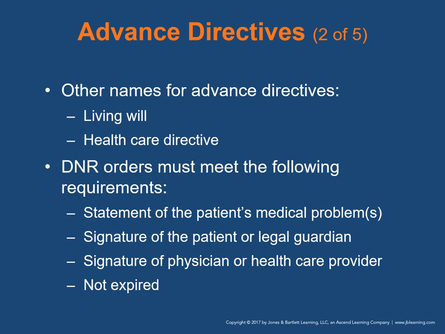There must be a clear statement of the patient's medical problem or problems, a signature of the patient or their legal guardian, signature of one or more physicians or other licensed healthcare providers, and DNR orders with expiration dates must be dated in the preceding 12 months to be validated.